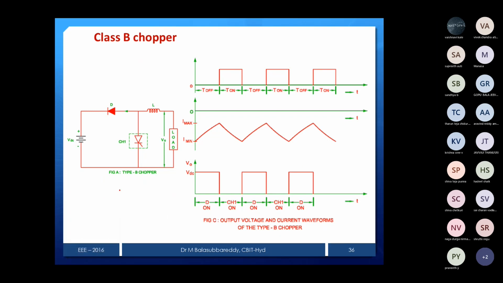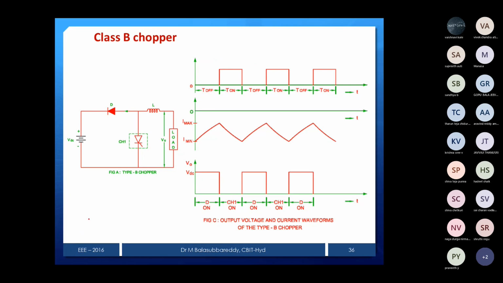In type A chopper waveforms, whenever the chopper is on you get the voltage, and when the chopper is off you get 0. But in the type B chopper, when the chopper is on, the output is 0, and when the chopper is off, the output is the same as the source. This is the only difference between type A and type B chopper.